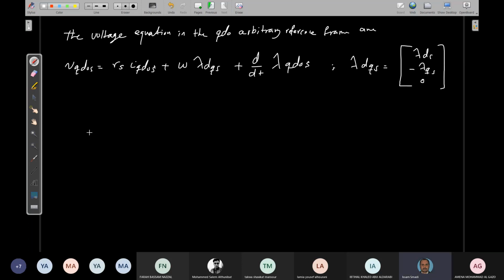Good. So this is a matrix form. If I need to write it in expanded form, then V_QS will equal to what? Who can give me V_QS equal to what?